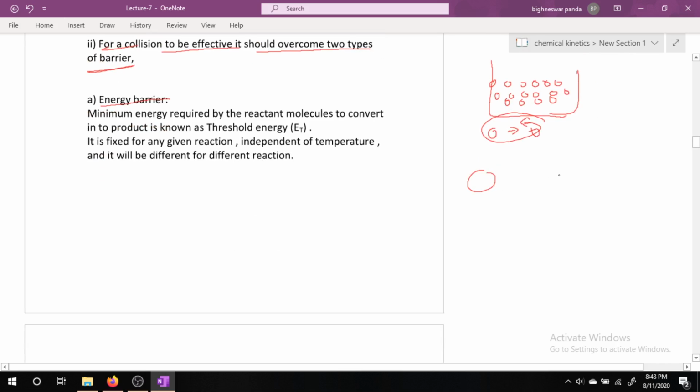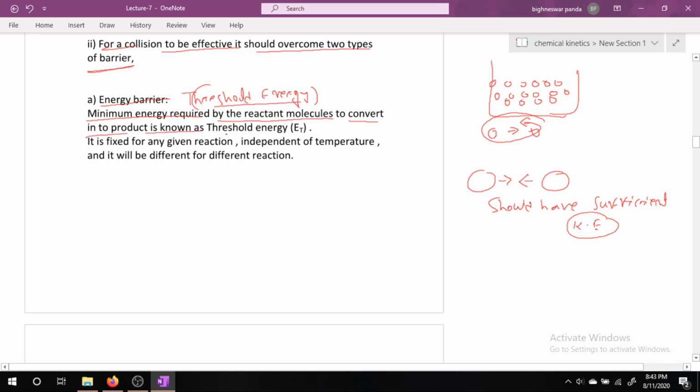Molecules which undergo collision with each other should have sufficient kinetic energy. So here another term is developed, that is energy barrier means threshold energy. Threshold energy means the minimum energy required by the reactant molecules to convert into product.